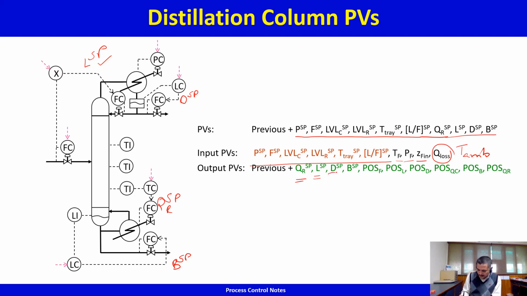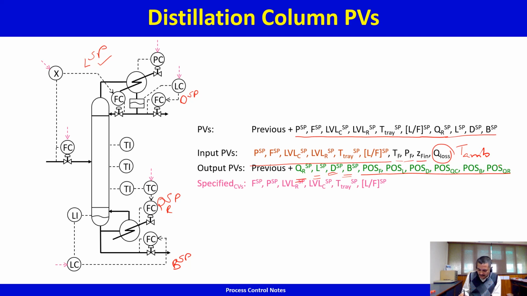This set point DSP is calculated by the reflux drum level controller. This set point bottoms flow rate set point is calculated by the bottom sump level controller, and of course the valve position themselves. Yeah, so these are all output process variables, dependent process variables, affected process variables, affected by action of the controller.